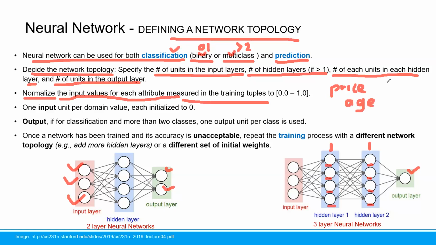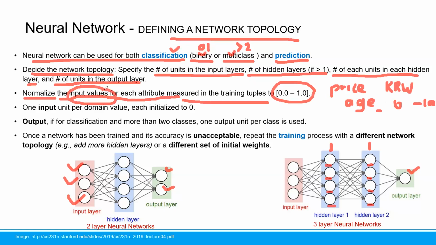If the price is in Korean won, it can be like 10만원, 100만원, but the age range will be from 0 until 100. So the values will have a very big gap. That's why we need to normalize the input values to between 0 and 1.